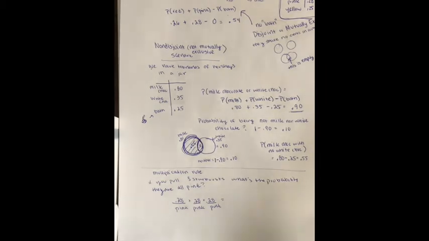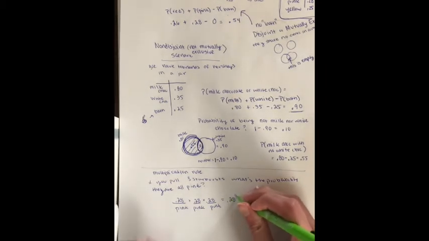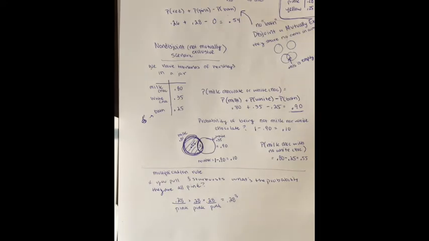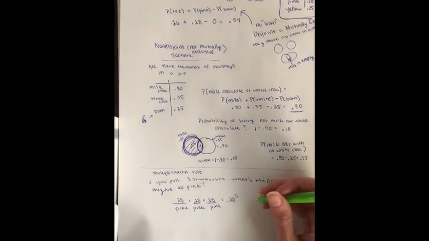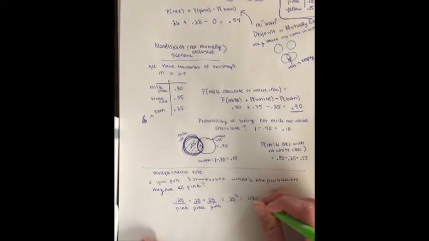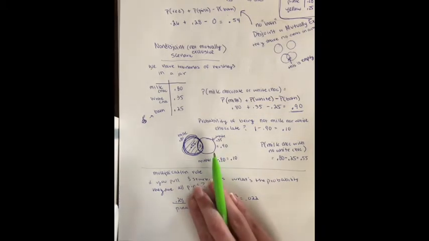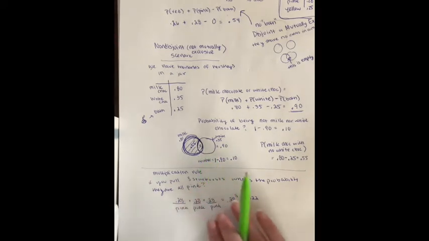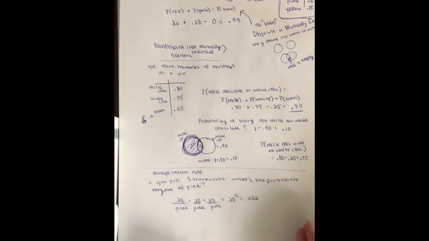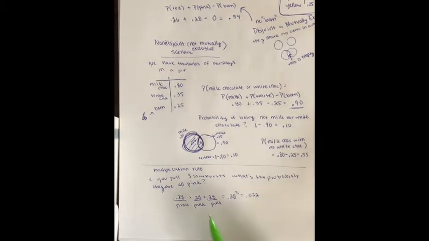Another way that we can write this is 0.28 to the 3rd power. And that gives us 0.022. Okay, so instead of a 28% chance of pulling a pink, which is if you pull out 1 starburst, that's the chance you get pink. To get 3 pinks in a row, it goes all the way down to 2% chance. All right, and so this is how we use dashes.